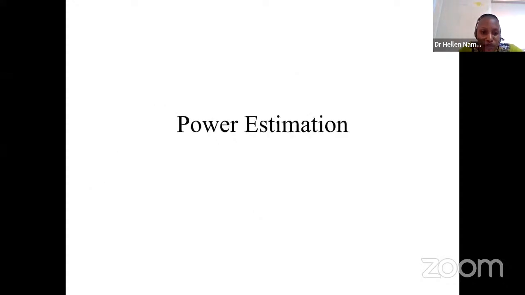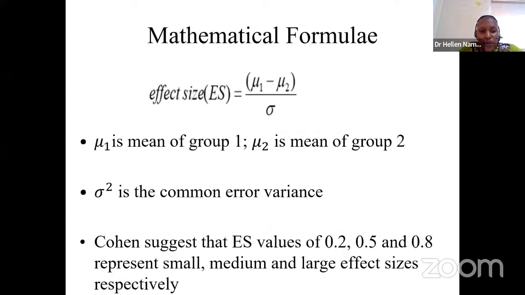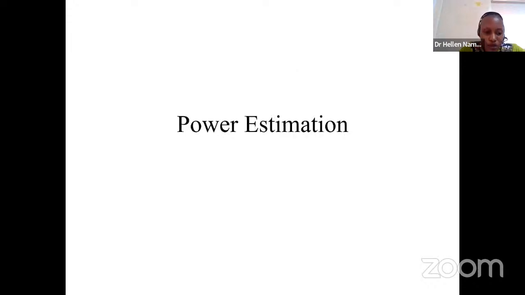So you can also read further on that. What we need to keep at the back of our mind is how to calculate the effect size in case you've got two independent samples. You need the mean for each, and then you get the difference and divide by the standard deviation. What about in case you only have one group? We are going to see how that happens.